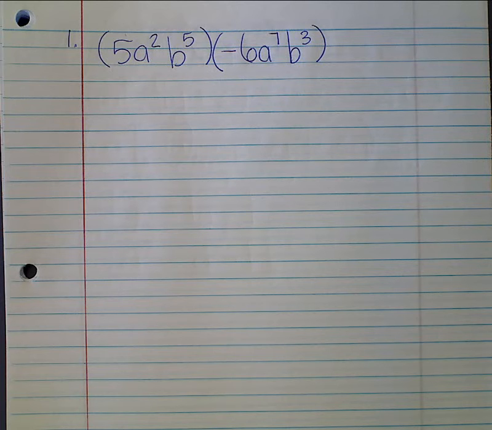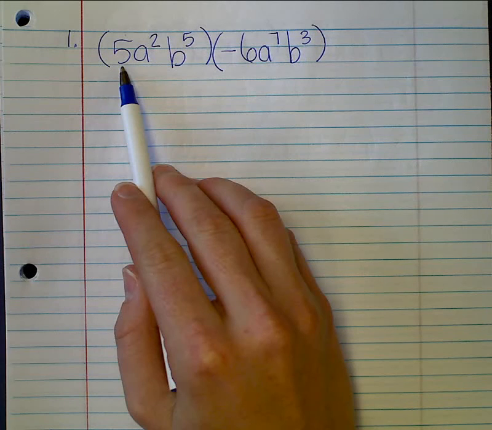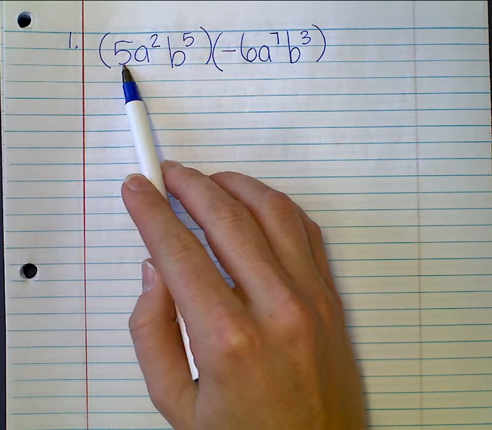Example 1. 5a squared b to the 5th power times negative 6a to the 7th power b cubed. What we're going to do here is group together our like bases, and we can start off with our coefficients. Our coefficients are the numbers that are in front of the variables, so 5 and negative 6.